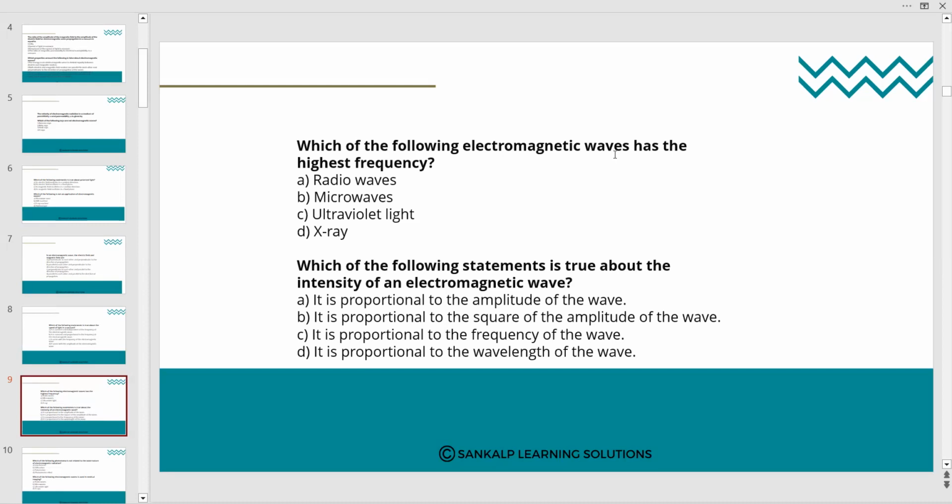Usually gamma rays have the highest frequencies compared to all other rays here.